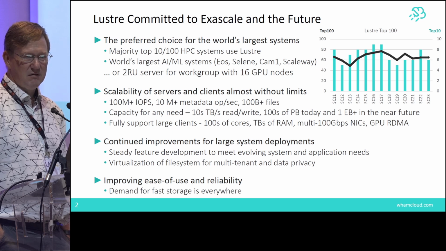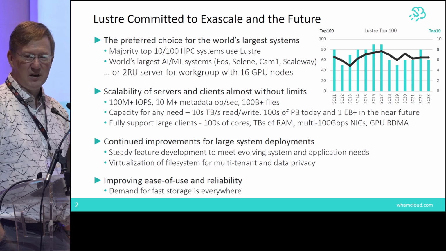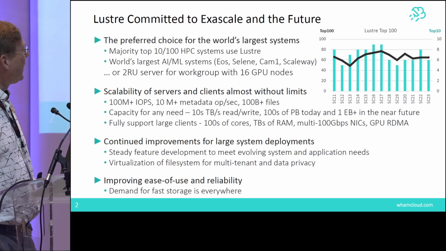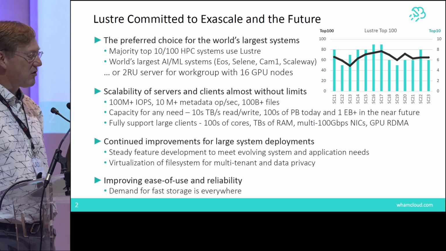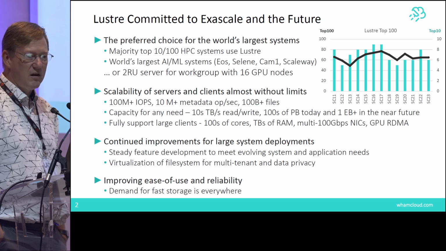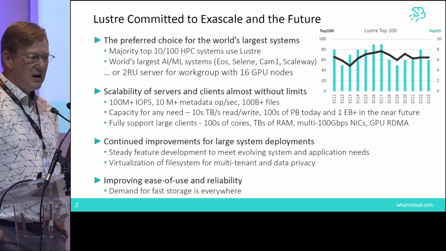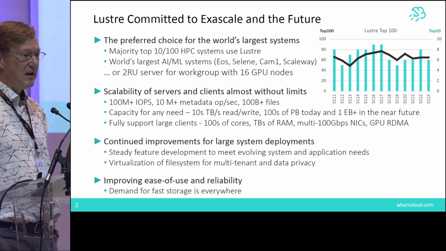I think the marketing number from DDN is over 500,000 GPUs running on Exascaler, and it's not a static world. To keep performance going on the newer computers, the DGXs of the world that are very common today, needs some ongoing effort. And we can scale up the client side.